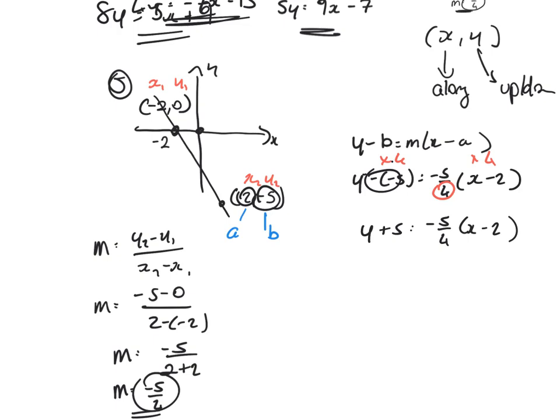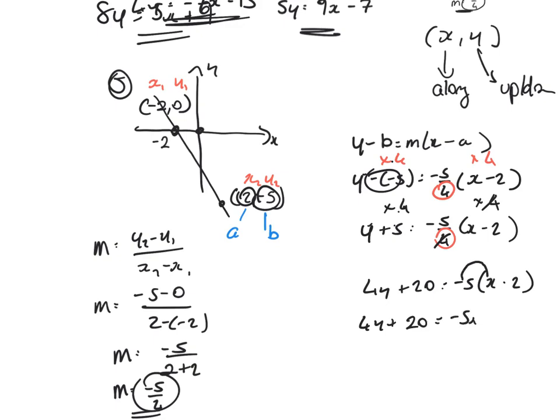Okay, then let's multiply both sides by 4. So y times 4 is 4y, 5 times 4 is 20. These two cancel out and leave me with minus 5 bracket x minus 2. 4y plus 20 equals minus 5 times x, minus 5x, minus 5 times minus 2 is plus 10.